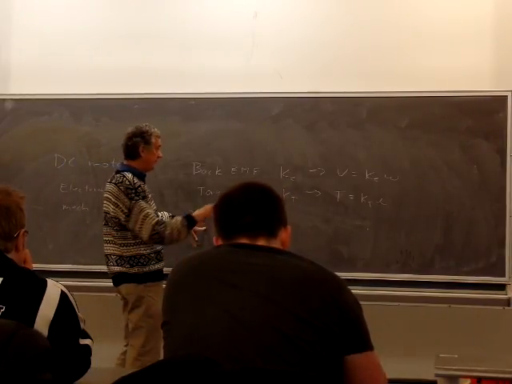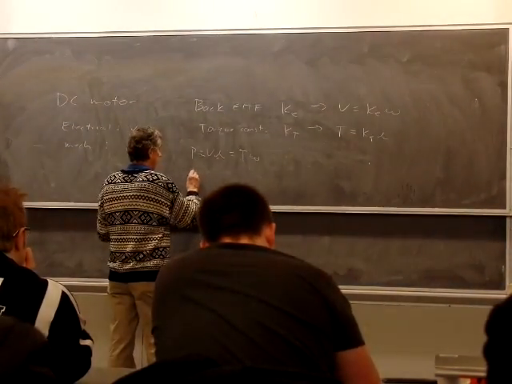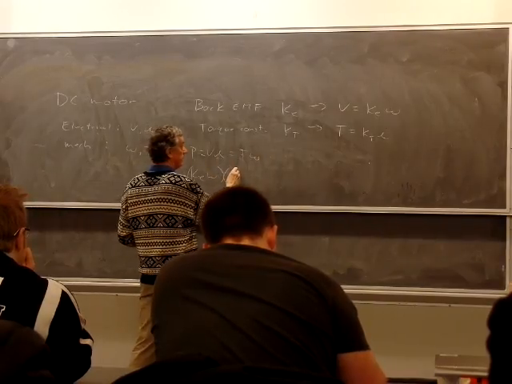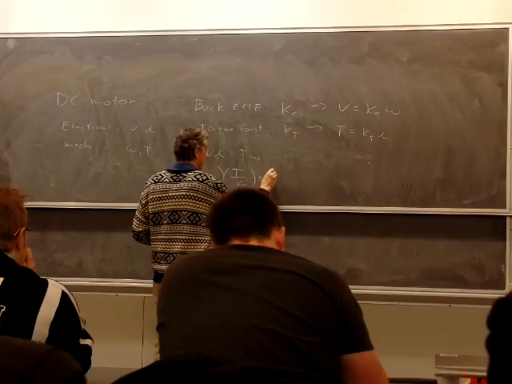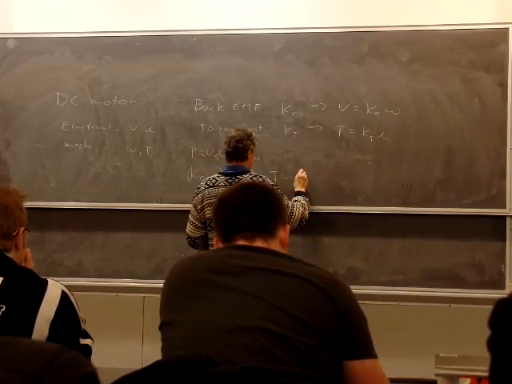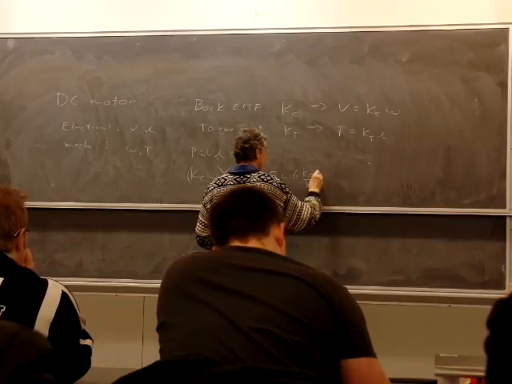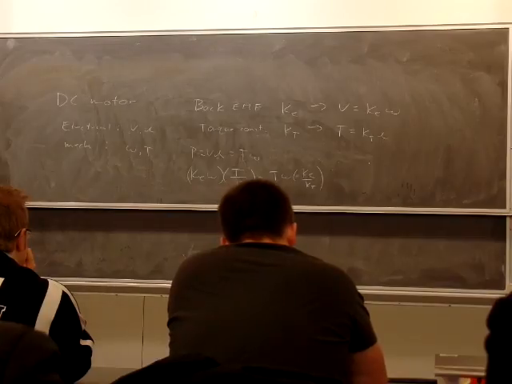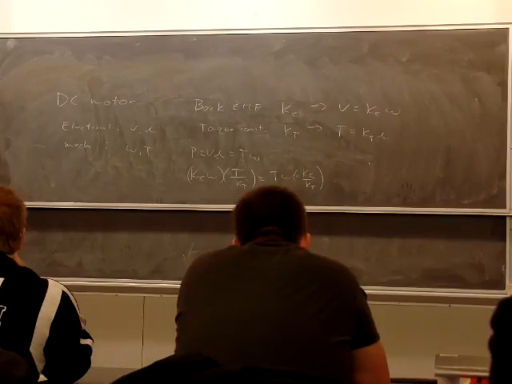So voltage, let's say voltage is equal to K_E times omega, and current, let's put it in this form, torque over K_T. So this is K_E over K_T. And what's that say about K_E over K_T?